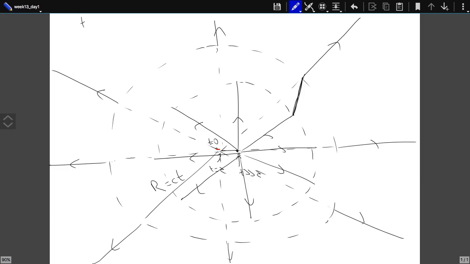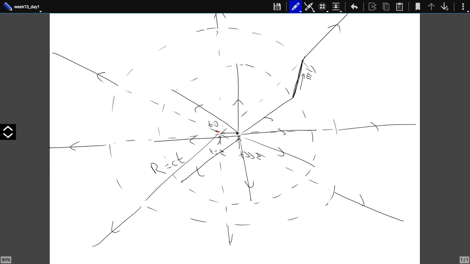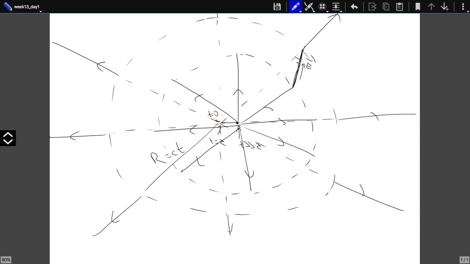Now you see, the direction of the electric field line gives me the direction of the electric field. So in this region, this is the direction of the electric field. Let's look at this angle over here.